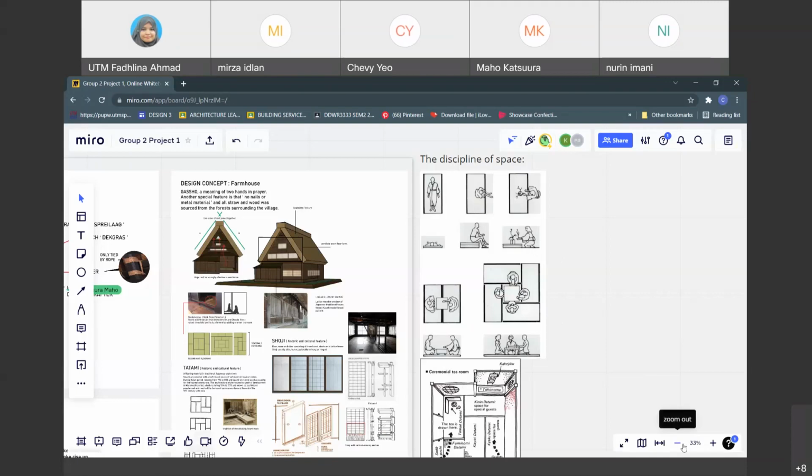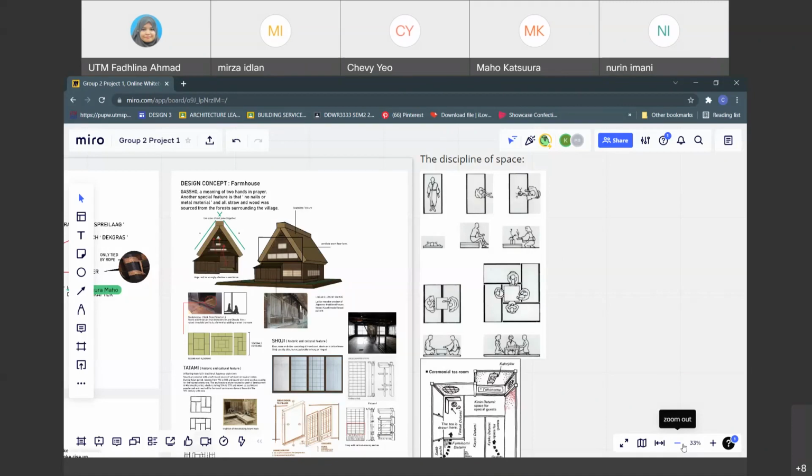I think you need to reset back in your group and then try to distribute the task accordingly. Okay. This morning, the Masjid Teluk Manuk group covered a lot of things. Perhaps you can learn something from it.